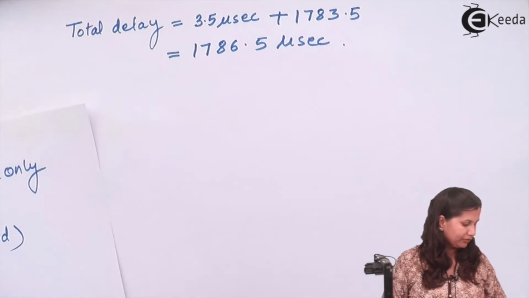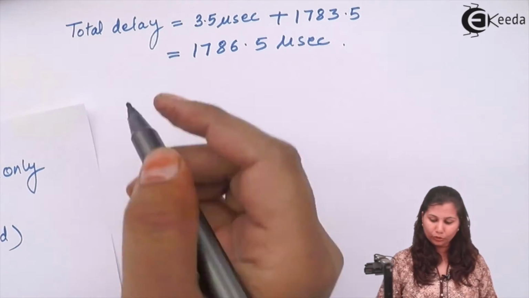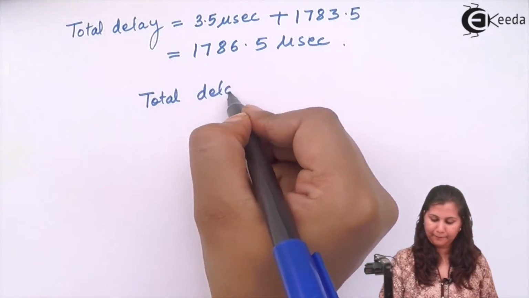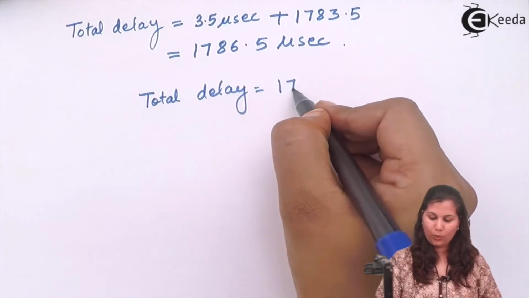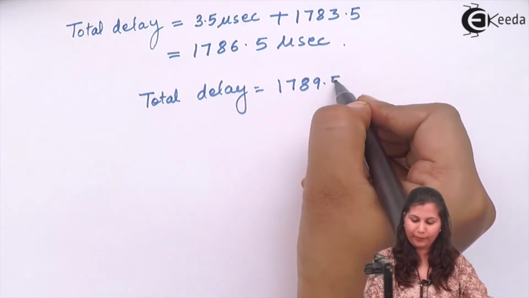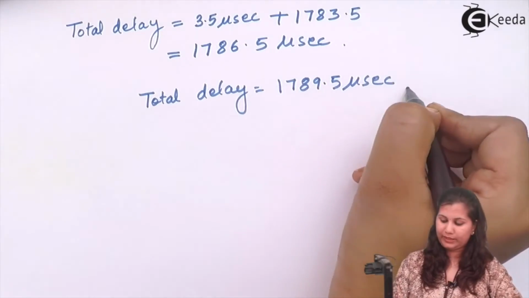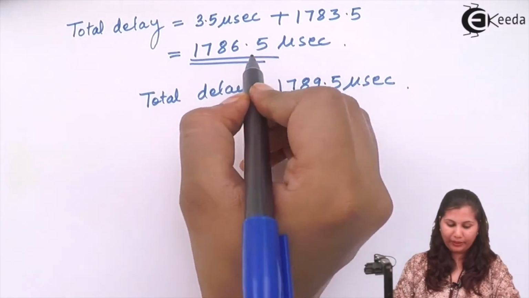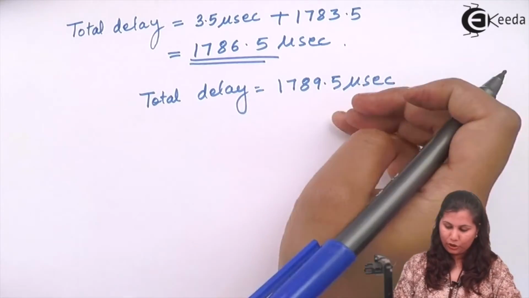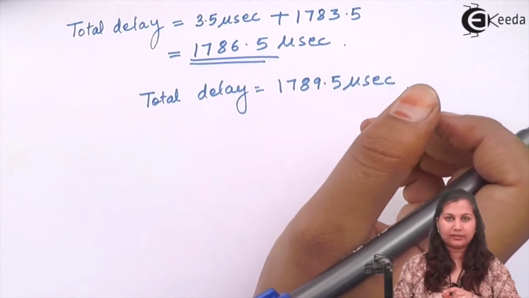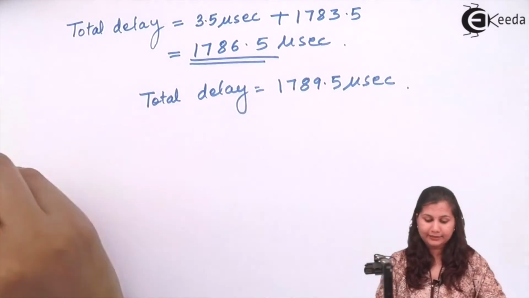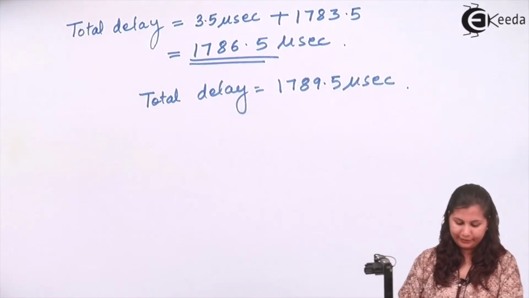Earlier we were getting 1789.5 microseconds when we had not considered the 3 T states time. But after correction we are getting 1786.5 microseconds. So there is a difference of 3 microseconds, and this difference can be neglected.